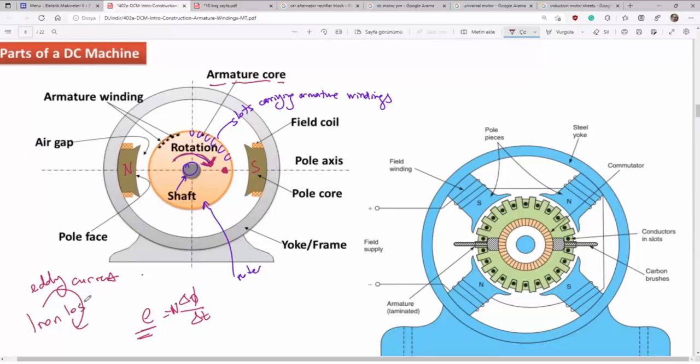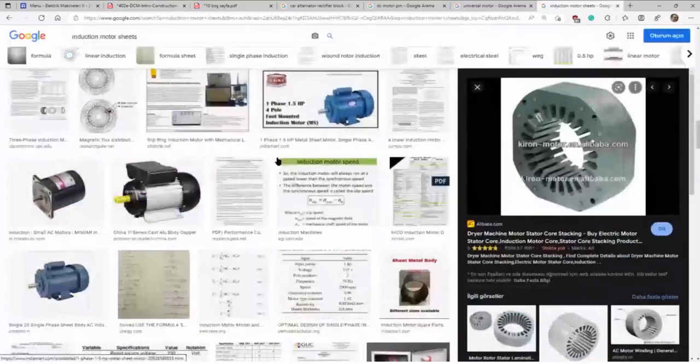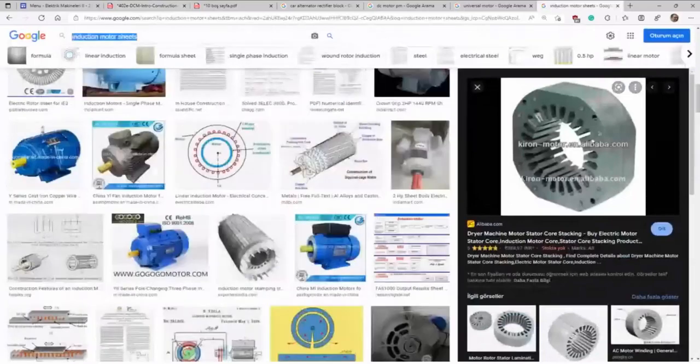Iron losses will occur in rotor iron parts. So to keep iron losses as low as possible in rotor, we use silicon steel sheet material, isolated sheet pack. Let me show you DC armature.